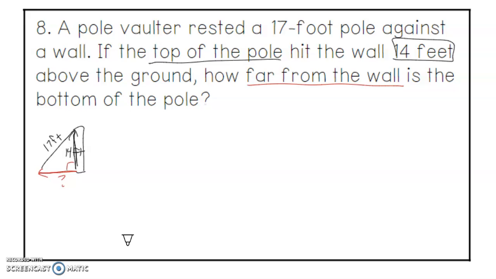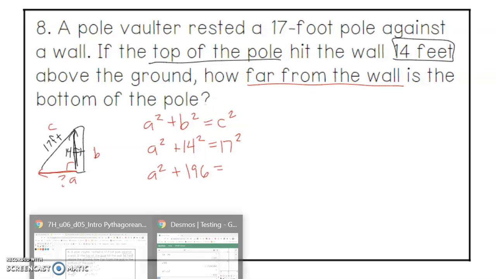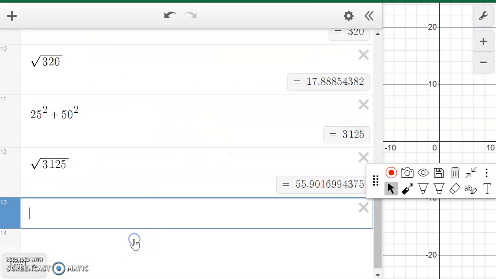I'm missing a side length. So this is a squared plus b squared equals c squared. I don't have one of my legs, I have the hypotenuse and another leg. So a squared plus 14 squared equals 17 squared. Okay, a squared plus 196, if you don't know, type it in. 17 squared, I don't know that off the top of my head.